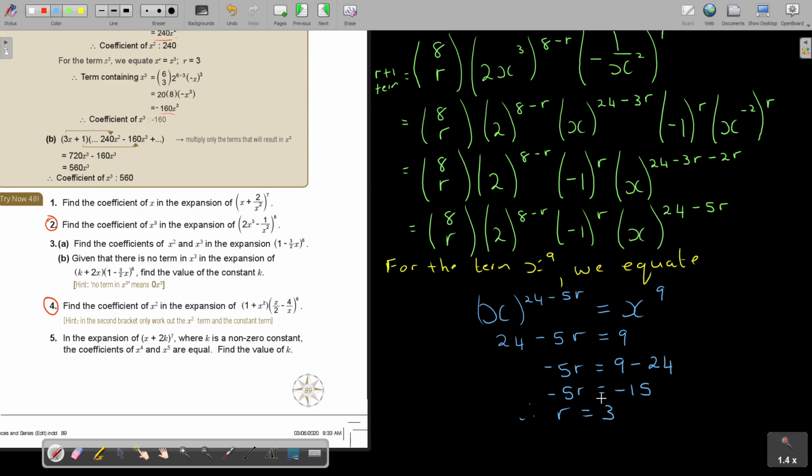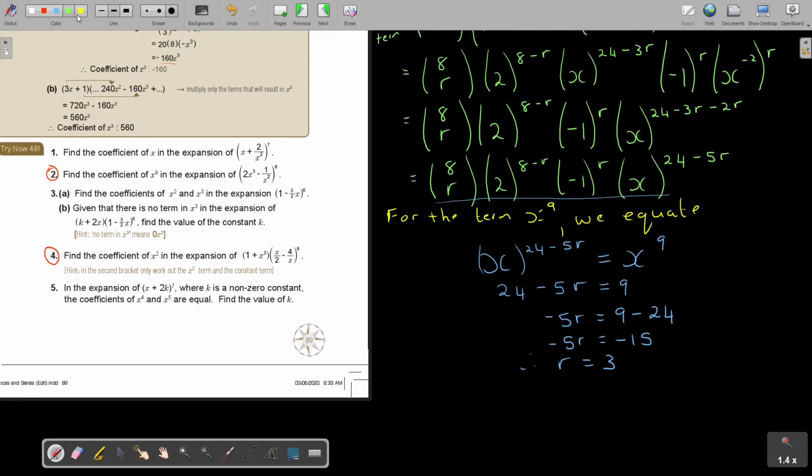And now I just substitute. I can always take it to the original one, or I can just substitute into this one. So let's take it into my green one. I'm just going to say the term containing x^9, and don't forget r is 3.